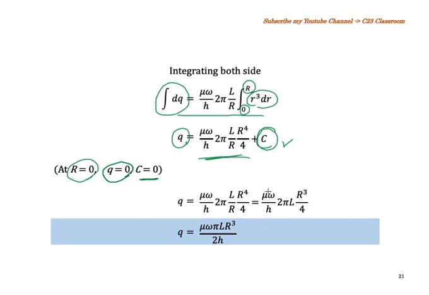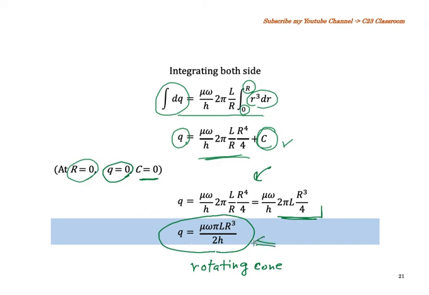Then we could rearrange the equation like this one, and finally we could simplify it, and we could draw the torque for the rotating cone. So this is the rotating cone. It can be simplified with this equation, which is Q is equal to mu omega pi L R cubed over 2H.